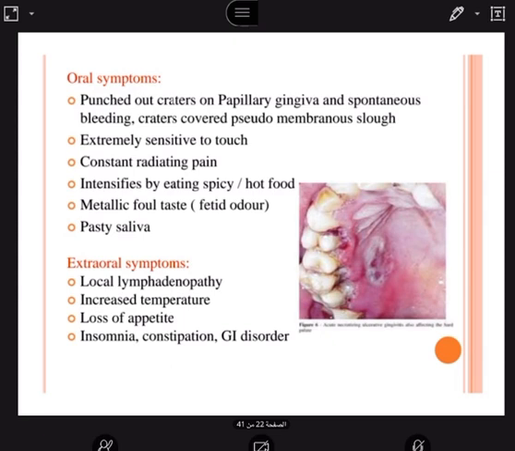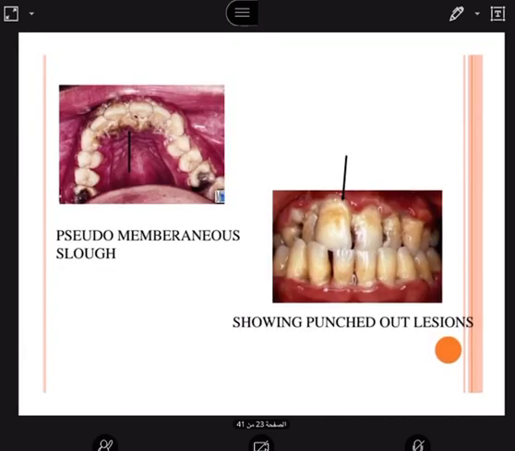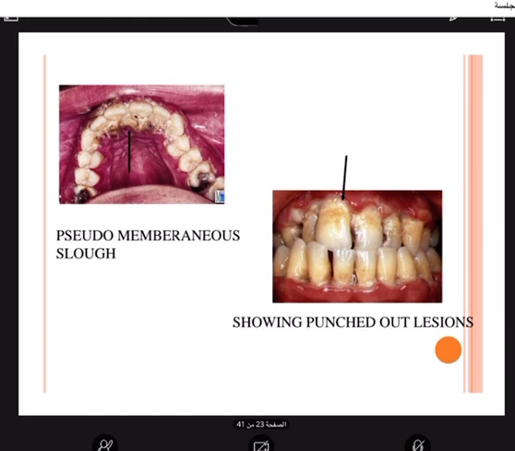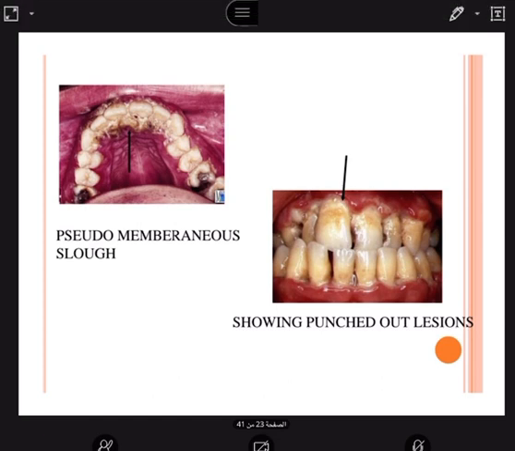Insomnia, the patient cannot sleep. Gastrointestinal disturbances, either diarrhea or constipation, can be seen. So that is with regard to the external symptoms. Pseudomembranous slough and punched out lesions, very important aspects with regard to ANUG. Just keep these two in mind.